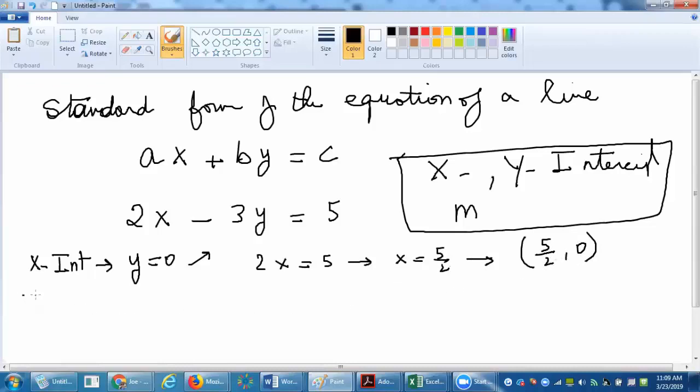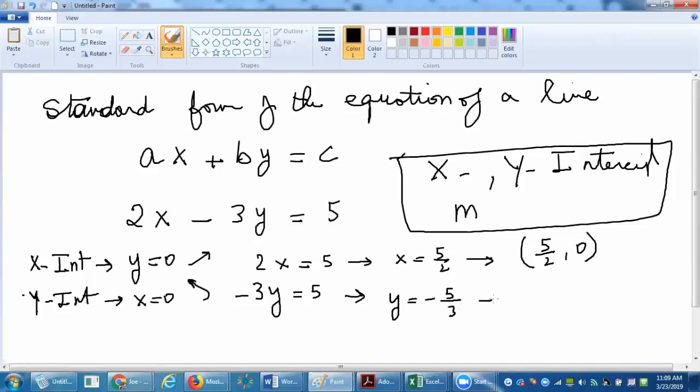To find the y-intercept, you can do x equals 0 now. In the same equation, you substitute x equals 0. You end up with negative 3y equals 5. Divide both sides by negative 3. y would be negative 5 over 3. And the y-intercept becomes 0, negative 5 over 3.